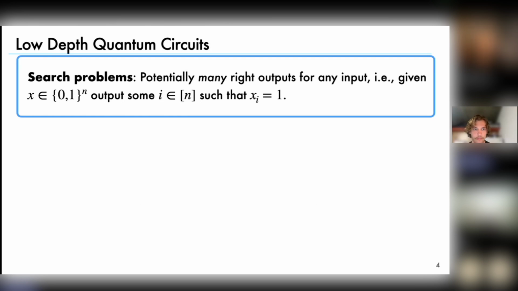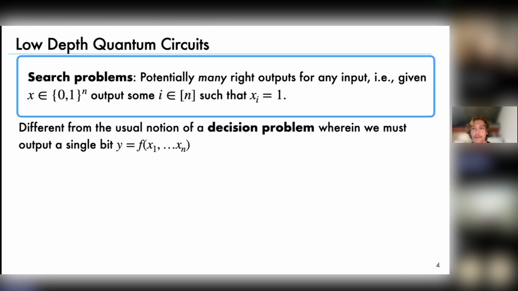I have a toy example here where we're given some n-bit string x, and we're asked to return an index i such that the ith bit of x is equal to 1. This is different from the usual notion of a decision problem that we think about in computer science, where we're just asked to produce a single bit of output for any given input.